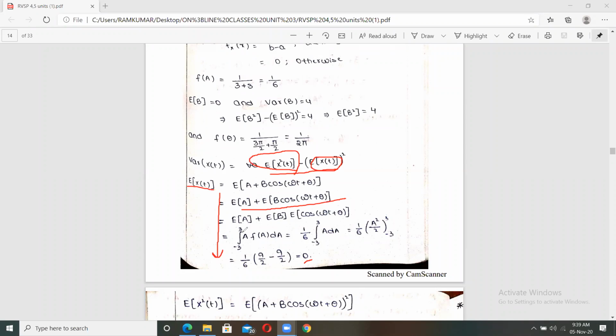Here e of a, a into f of a dA, the value becomes 0. Also, e of b is given as 0, right? E of b is given as 0 here. That is 0 into some value is 0. Finally, we get e of x of t is equal to 0.